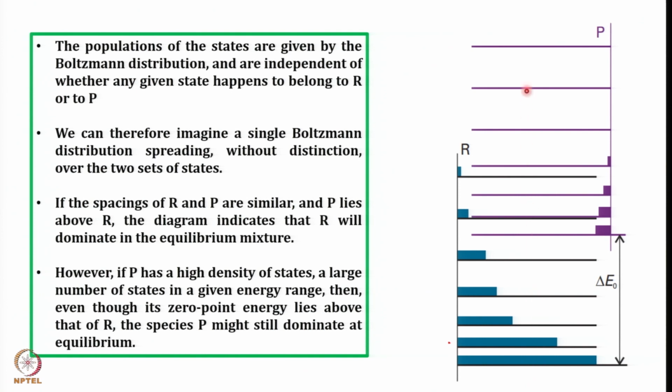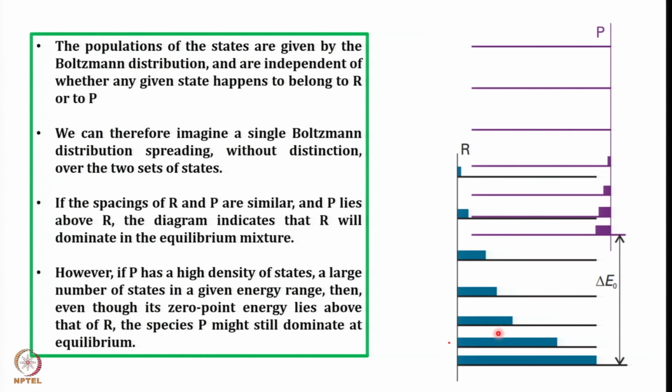Therefore, we can consider a single Boltzmann distribution spreading without distinction over the two sets of states. Now, in the states corresponding to R and the states corresponding to P, their density of states or energy separations are similar, these spacings are similar.